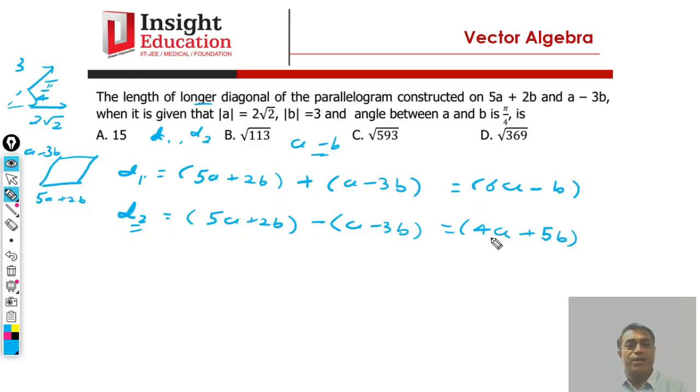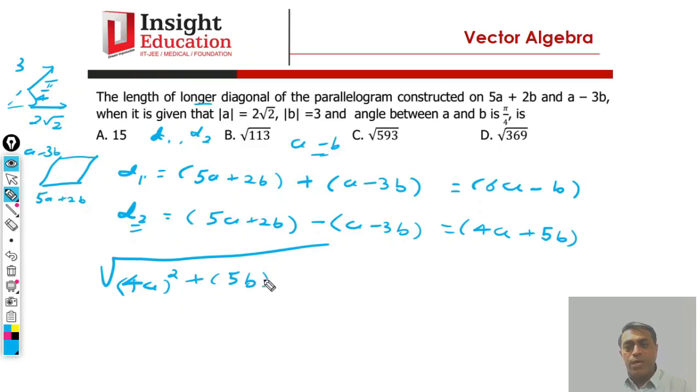So we want to find the length of the longer diagonal. We know the value of the magnitude of a. So the magnitude is under root of (4a) whole square plus (5b) whole square plus 2ab cos theta.